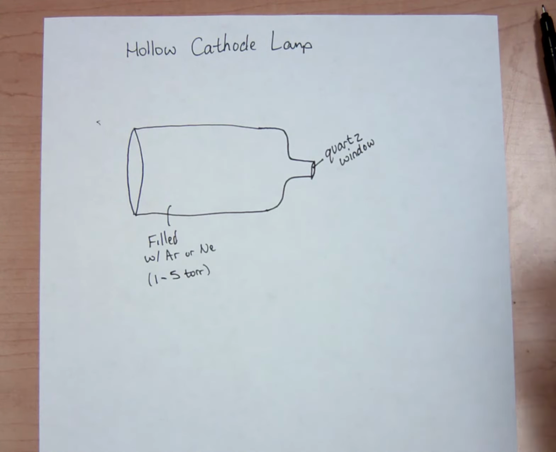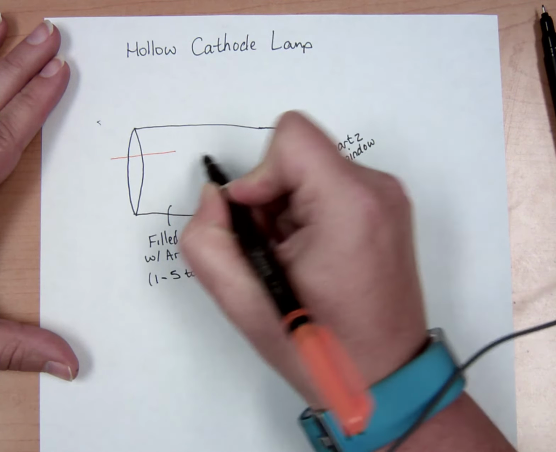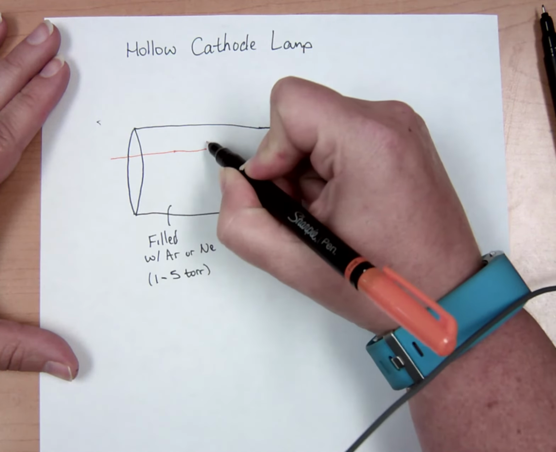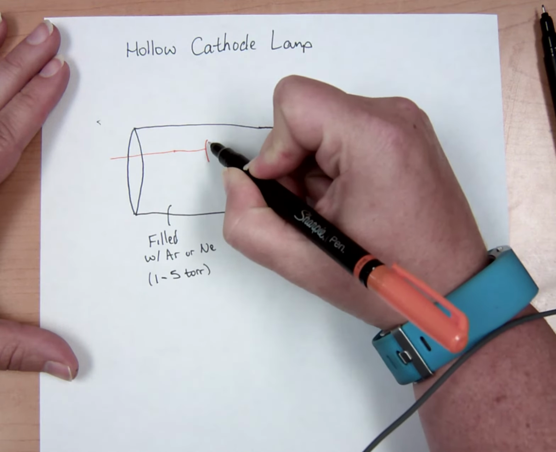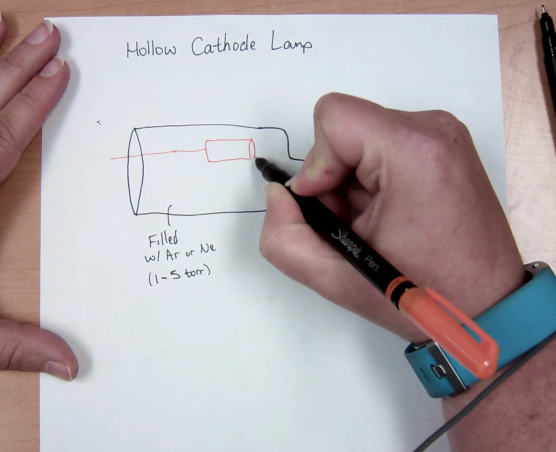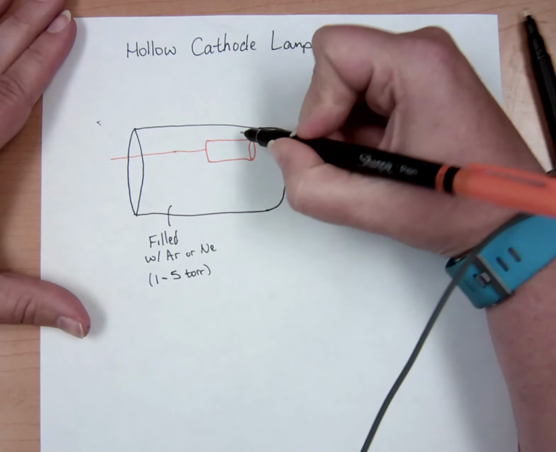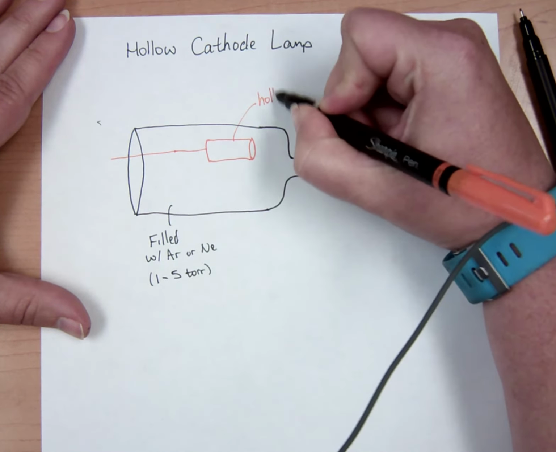Well, it's named a hollow cathode lamp, and we are going to put in a hollow cathode. This is going to be a ring cathode. So I'm going to draw this as a ring here. It's got kind of a hollowness to it. This is our hollow cathode.